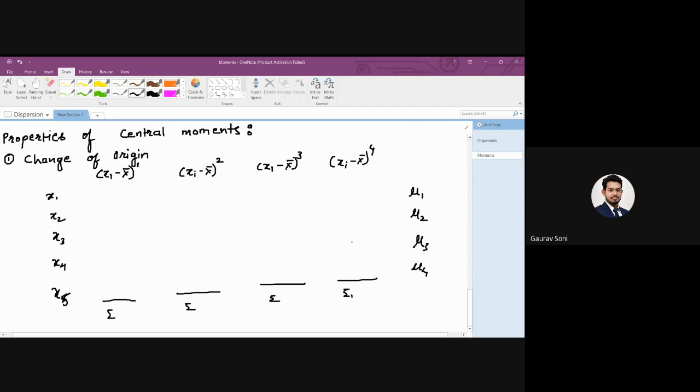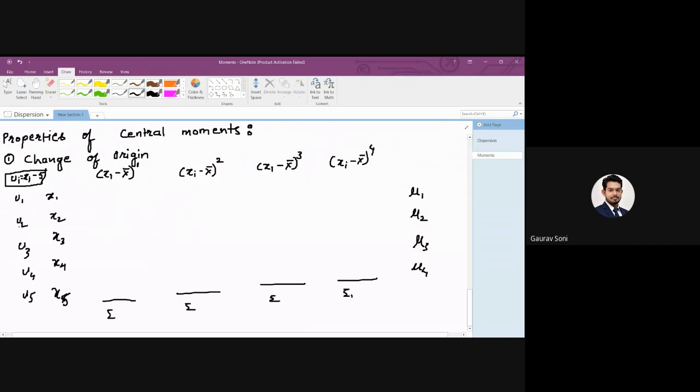Now, someone defined u, so ui is equal to xi minus 5, say. This is the change of origin, right? And then he will get u1, u2, u3, u4, u5.